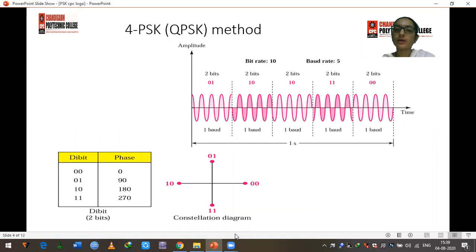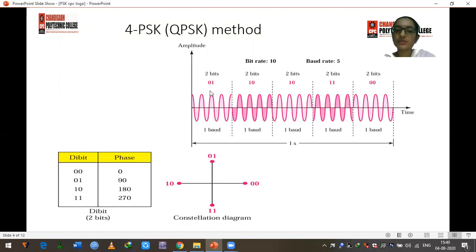Let us start with the 4 PSK, or QPSK, that is quadrature phase shift keying. In this, the phase shifts in 4 values, that is 0, 90, 180, and 270 degrees. On your screen, you can see that 2 bits of data will be used, known as a d-bit.